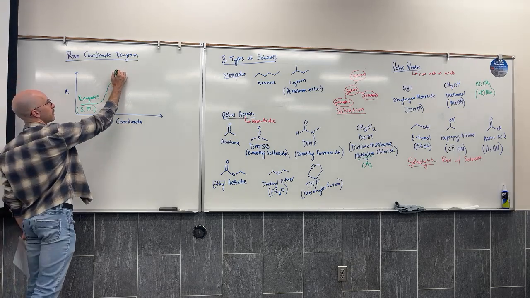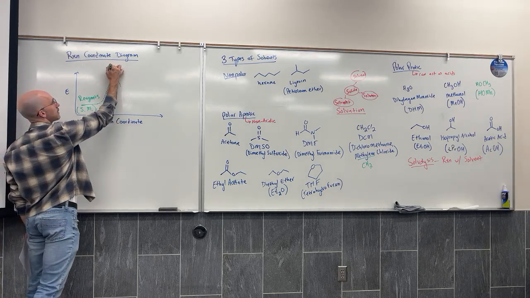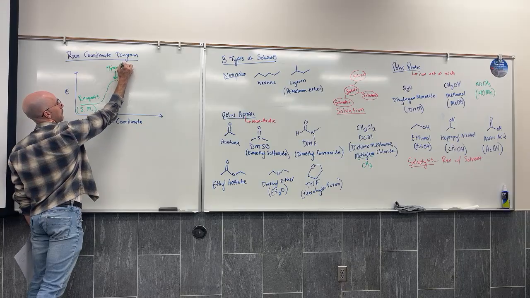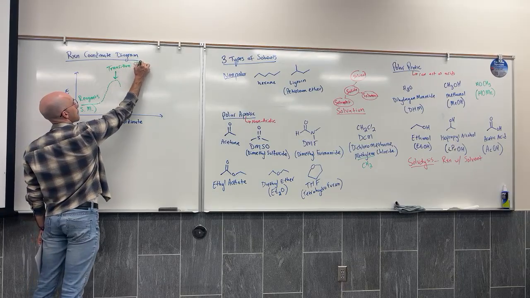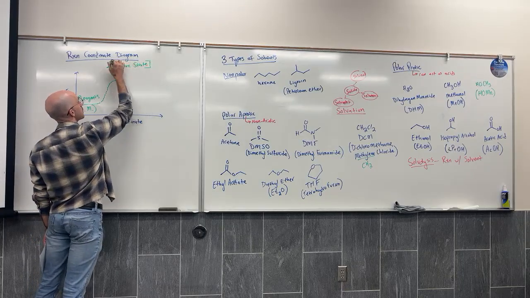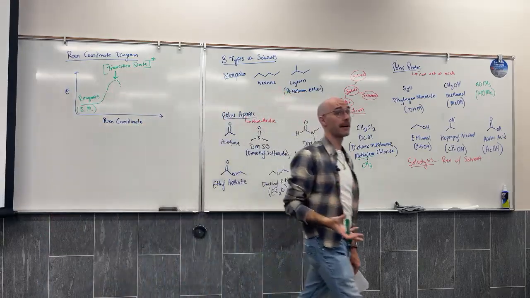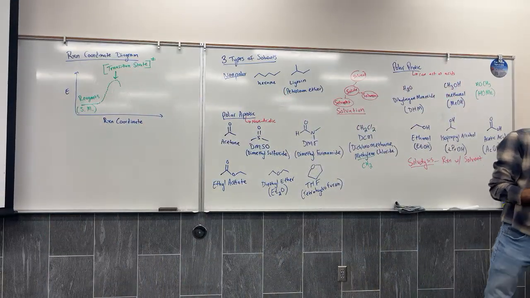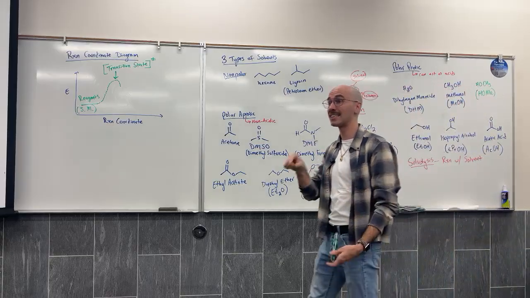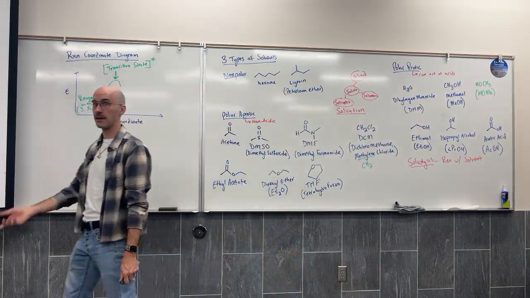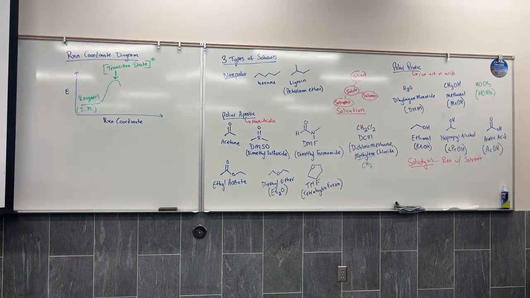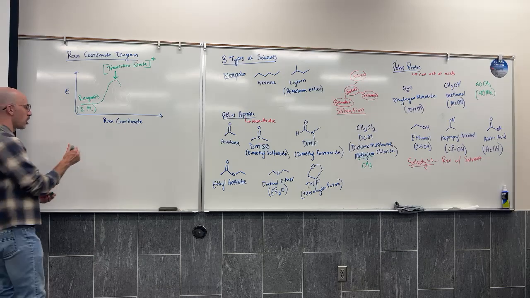At the pinnacle of this energy is a transition state. And a transition state is a theoretical structure. No transition state has ever been isolated, characterized, and proven. It's all theoretical, but it's based in good evidence. A transition state is where bonds are not formed or broken.